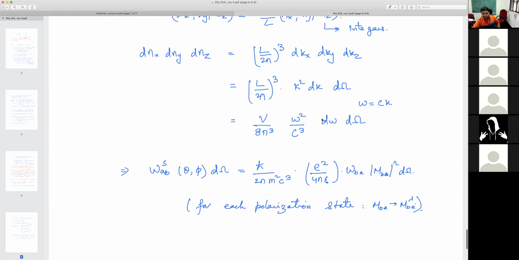I already used the delta function to replace omega squared by omega_BA squared, and I get this h by 2 pi m squared c cubed. All of these are natural constants. M is the only material property, the mass of the electron involved, because remember this m is coming from E equals h squared k squared by 2m.